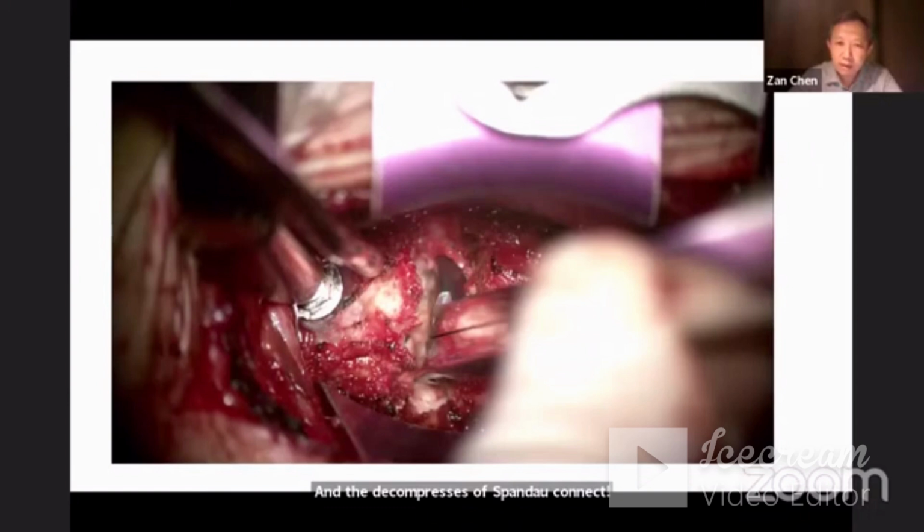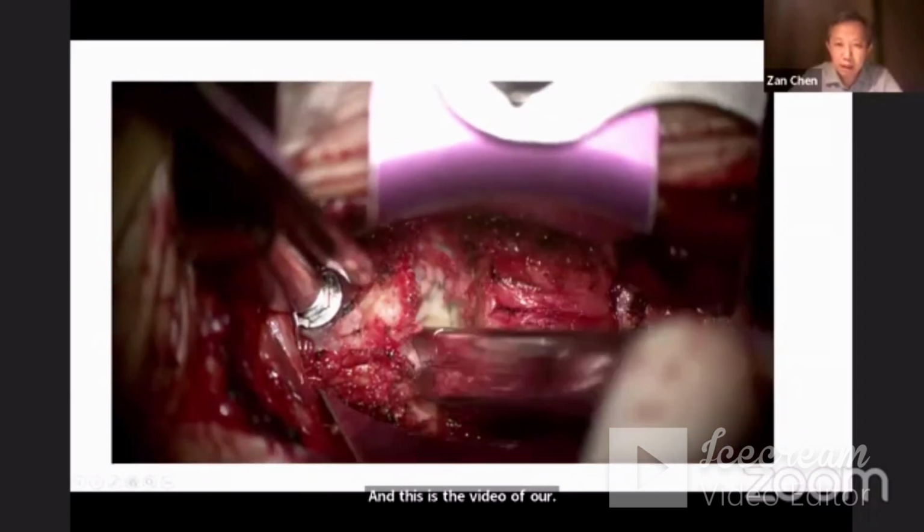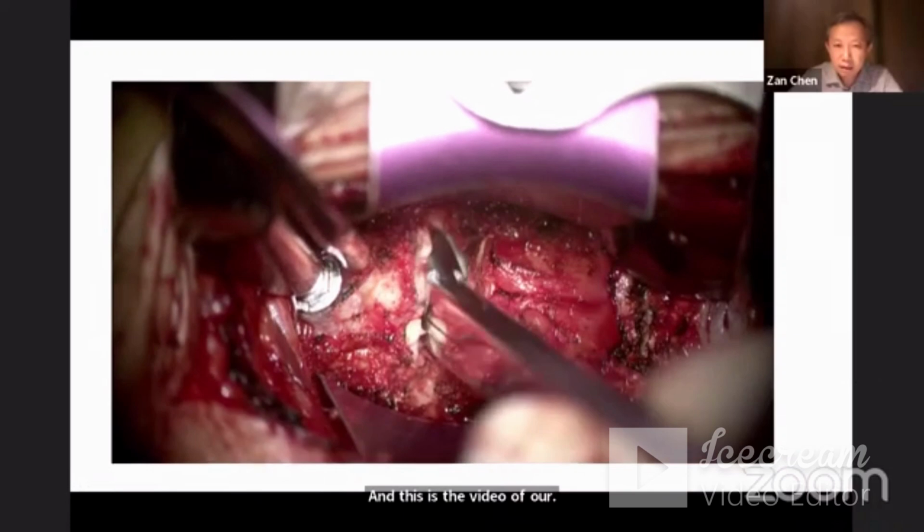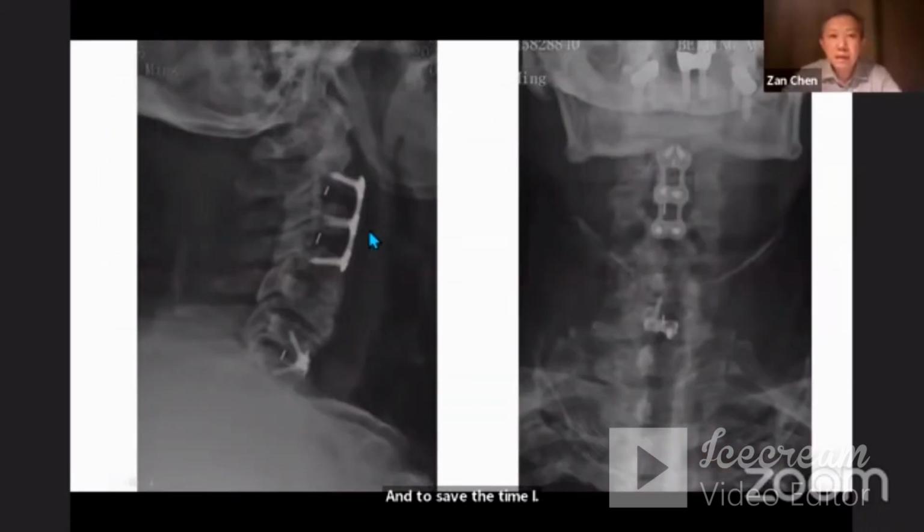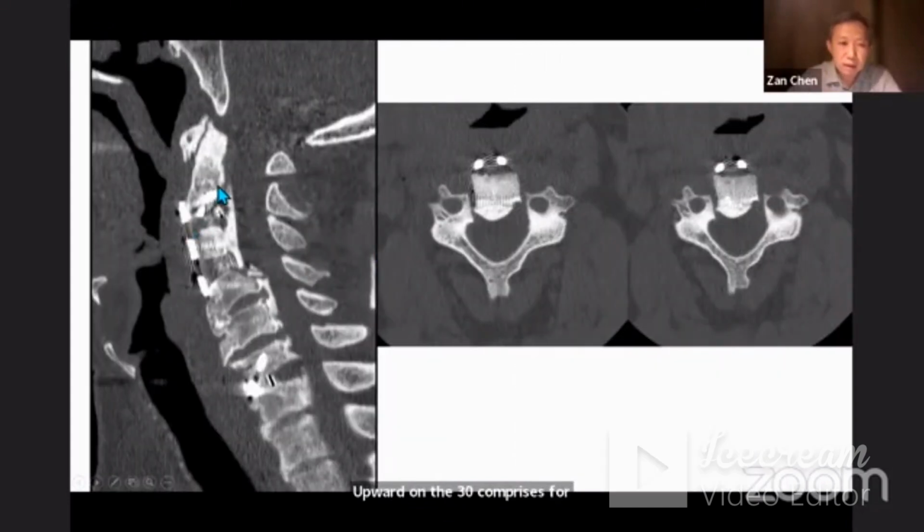And this is the video of our patient. To save time, I'll skip it. And this is after operation. You can see we just pulled C3 upward to decompress the spinal cord. And this is how we performed the operation. We just pull up C3.